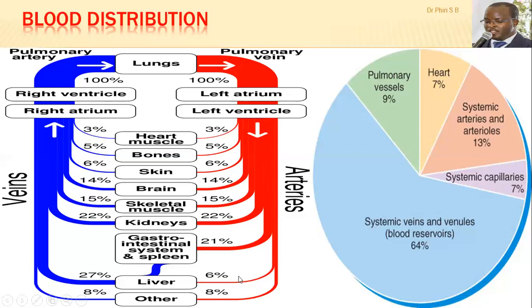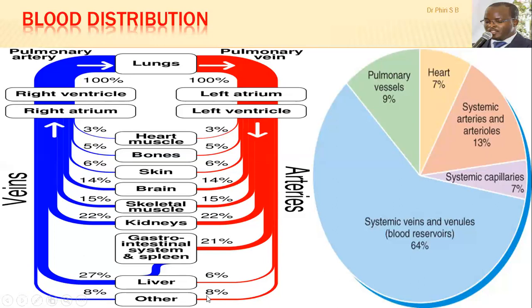So you have hepatic arteries that are supplying the liver, carrying about 6% of the cardiac output. Then the 6% plus the 21%, you find that the veins that are draining the liver will carry about 27% of the cardiac output because some of the blood is coming from the gastrointestinal system via the hepatic portal vein.